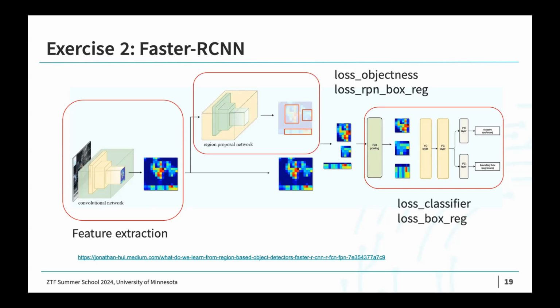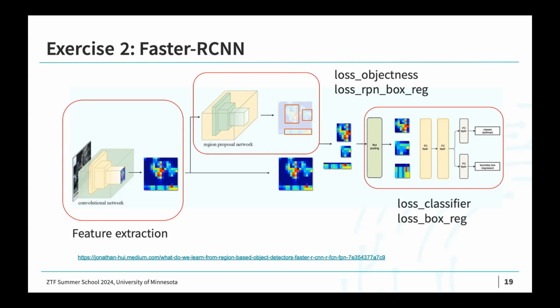Faster R-CNN contains mainly three parts. The first part is a feature extraction neural network. The second part is the region proposal, which makes some regions of interest to locate objects of interest in the images.